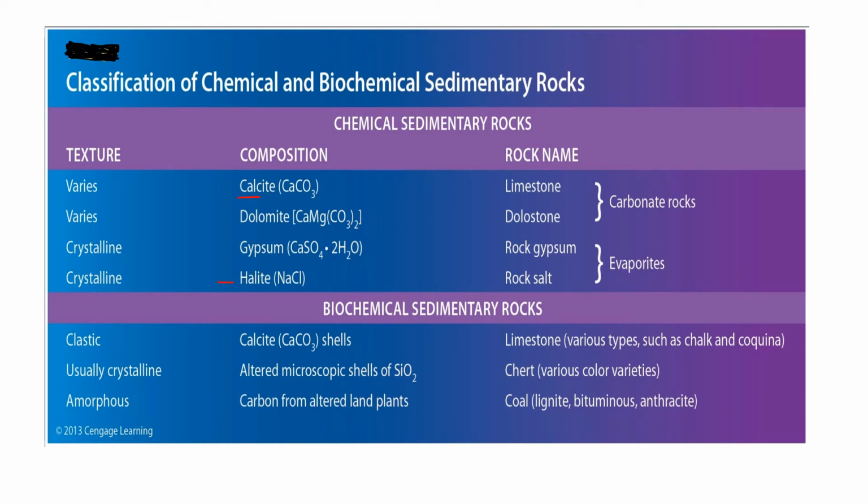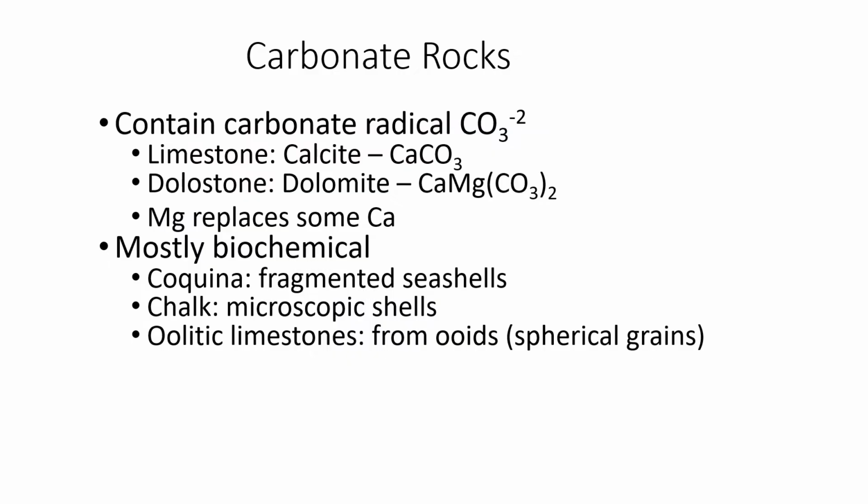Calcite shells, that would be clastic, and altered microscopic shells, usually crystalline because they've been recrystallized in microcrystals, so you hardly see the crystals at all. And chert, or you might know that better as flint, is an example of that. And then we've got coal, which doesn't really have a texture at all, and that's carbon from altered plant material.